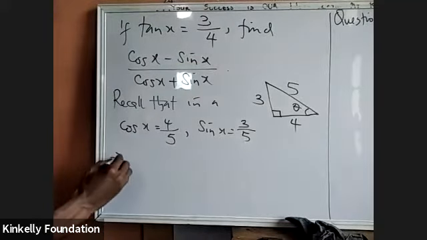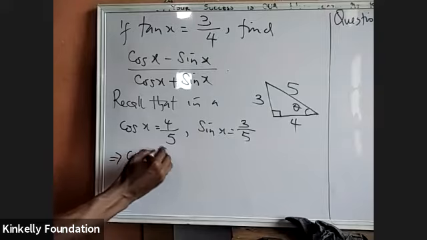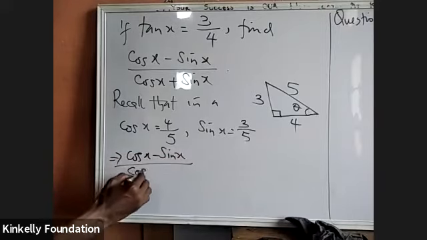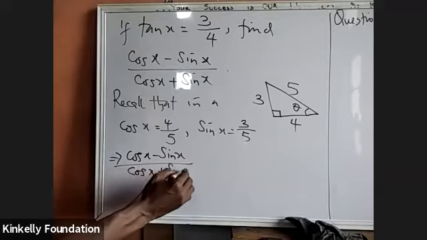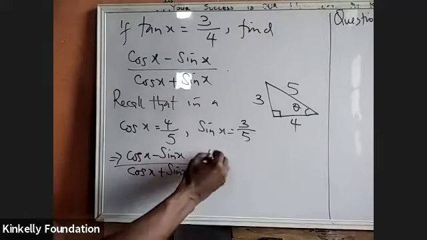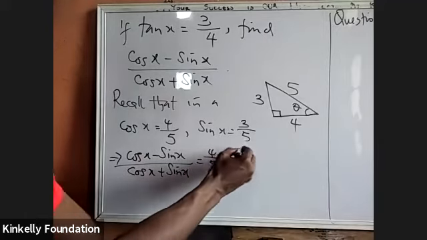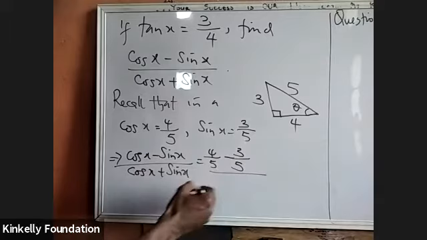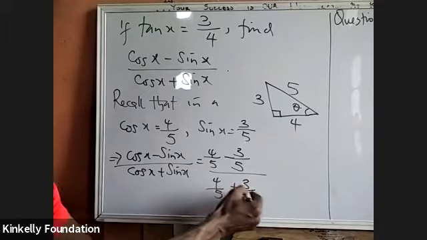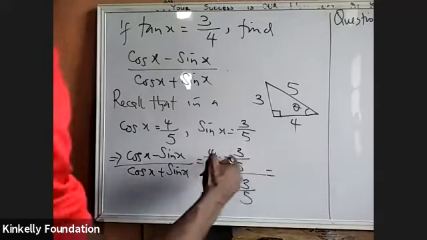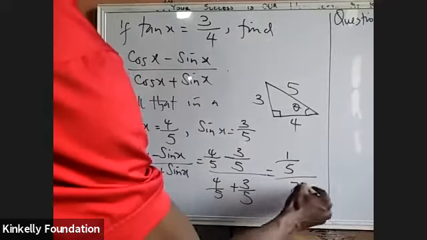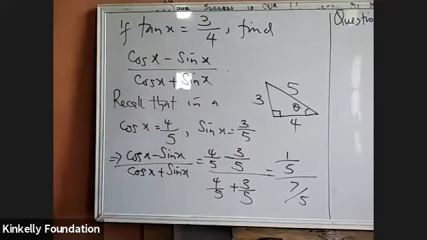It means that cos x minus sin x all over cos x plus sin x will become 4 over 5 minus 3 over 5 all over 4 over 5 plus 3 over 5. Now this one alone gives us 1 over 5. This one alone gives us 7 over 5.